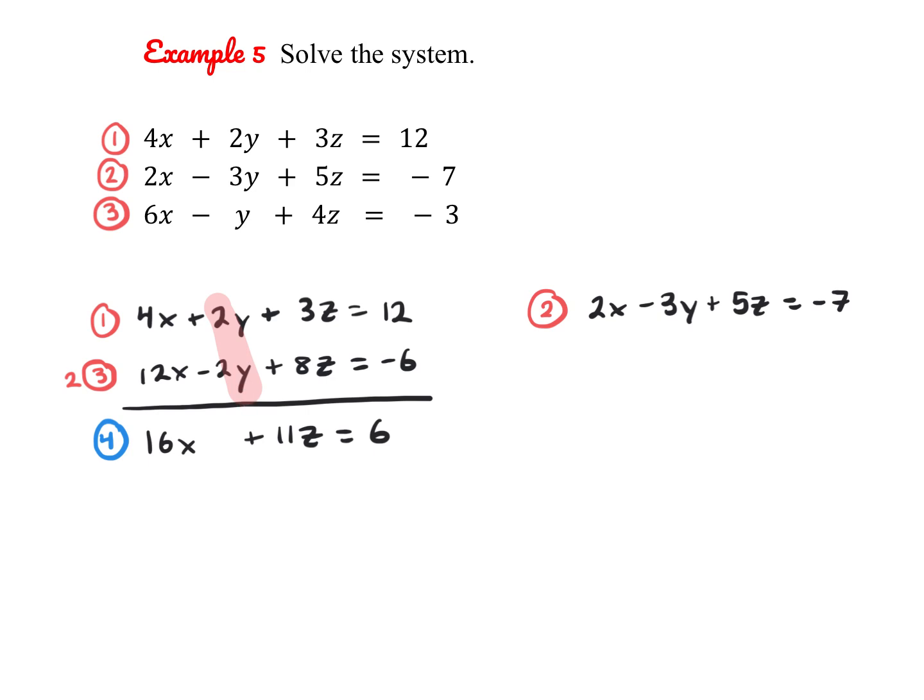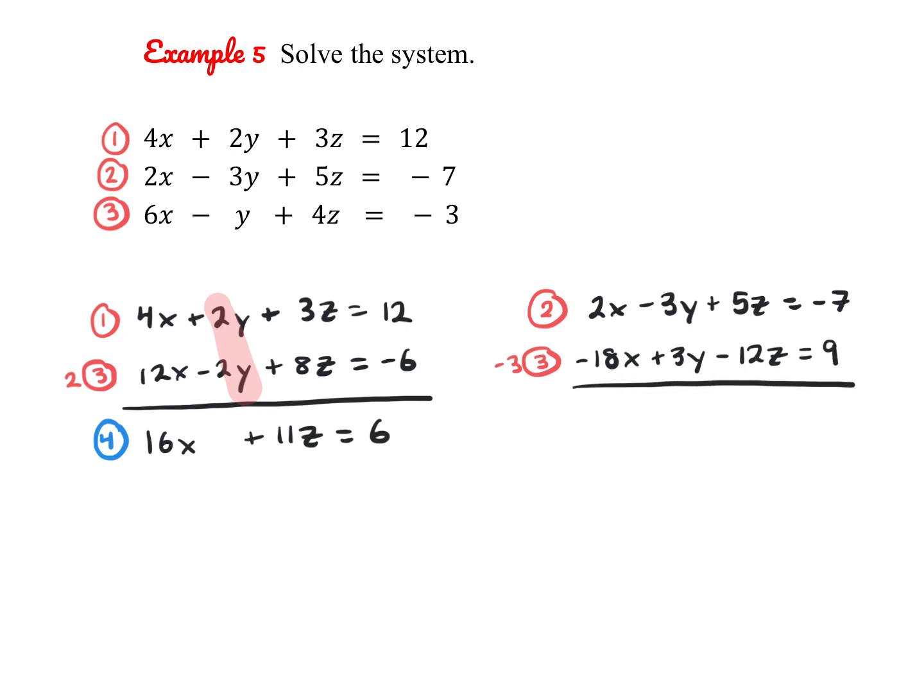You have to eliminate the same variable twice. So if I want to eliminate y's, that means I need this to become positive 3, which means I need to multiply this equation by negative 3. So negative 3 times equation 3. That gives me negative 18x plus 3y minus 12z equals positive 9.